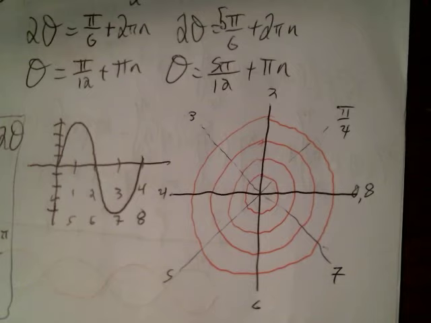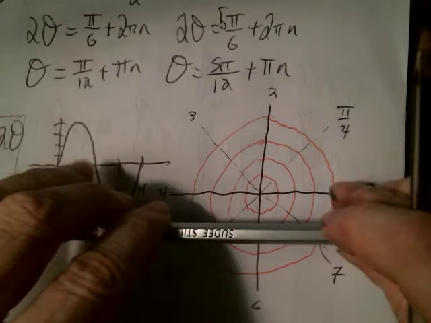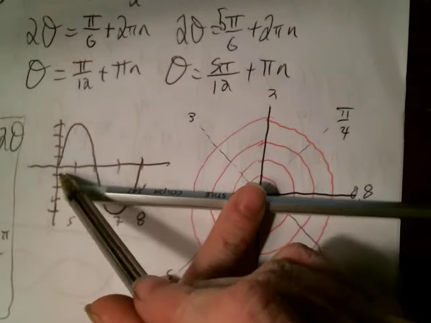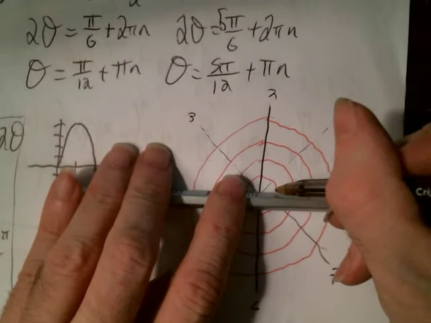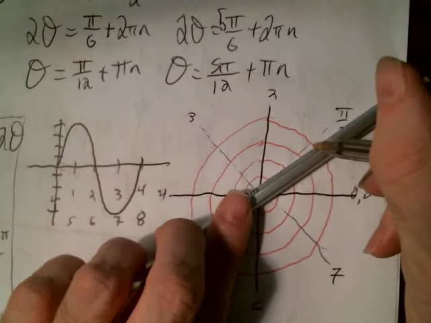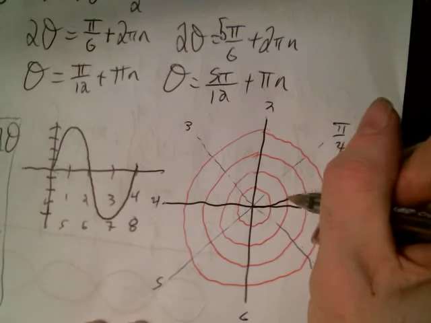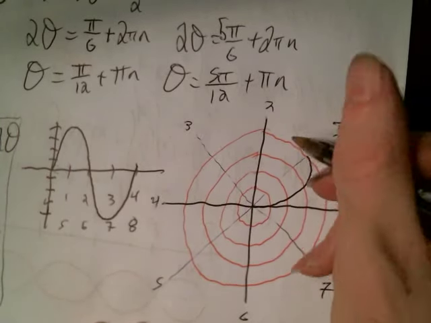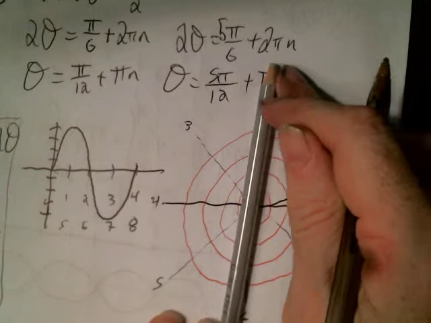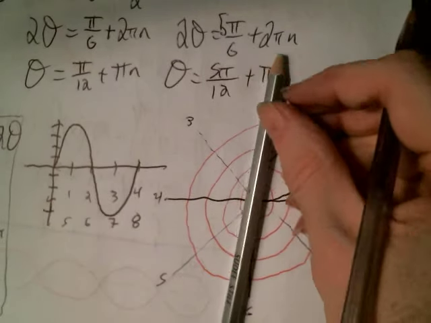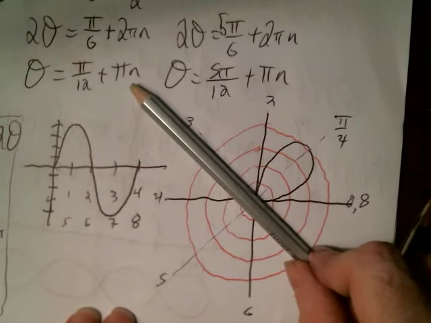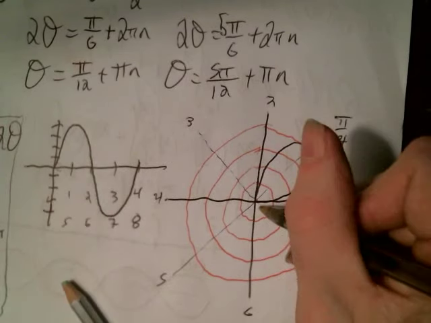Right, so when theta is equal to 0, r is also equal to 0, and then it's going to increase to 4 at pi over 4. So it's increasing to 4 at pi over 4, so it's going to give us this kind of petal. And then it'll decrease back to 0 at pi over 2. Right? And then from pi over 2 to 3 pi over 4, it's going to -4.